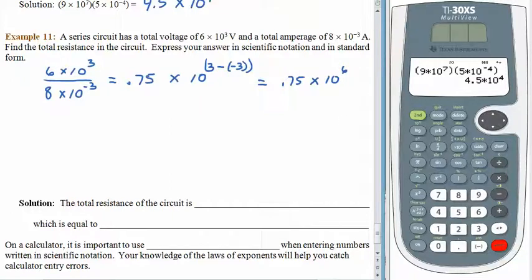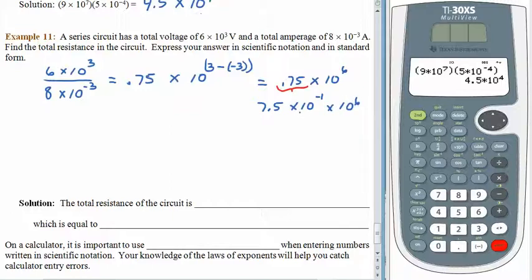And just like before, 0.75 is not going to work. That coefficient needs to be between 1 and 10. So we'll rewrite that as 7.5 times 10 to the minus 1 power. And then we're multiplying by 10 to the 6th.